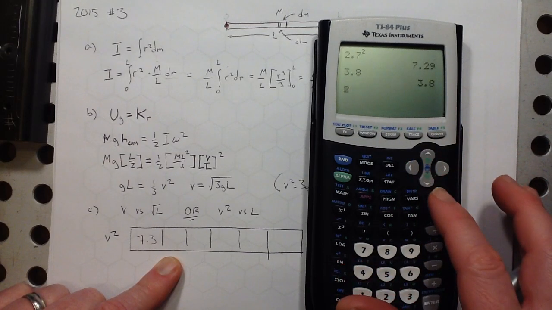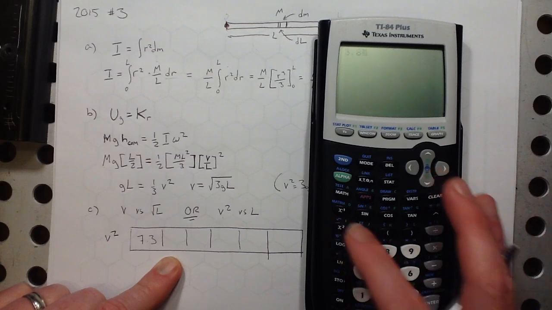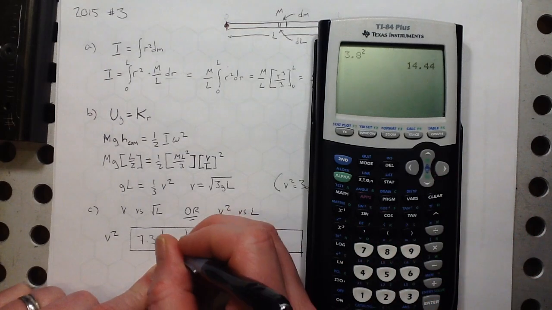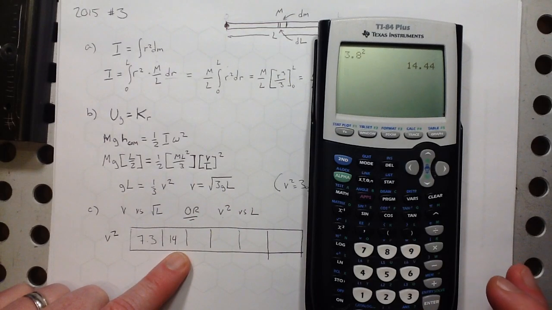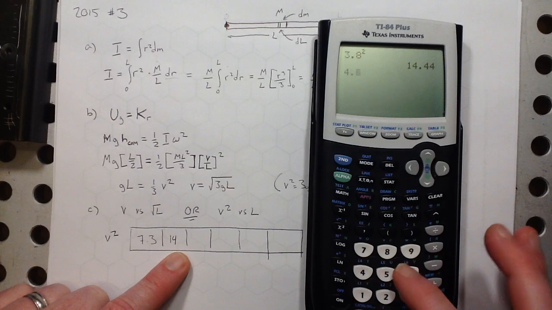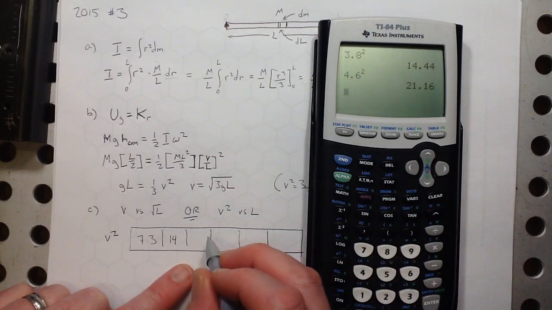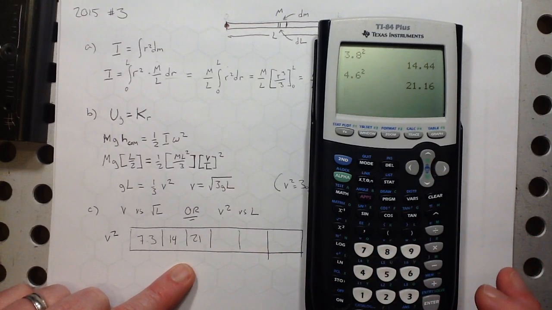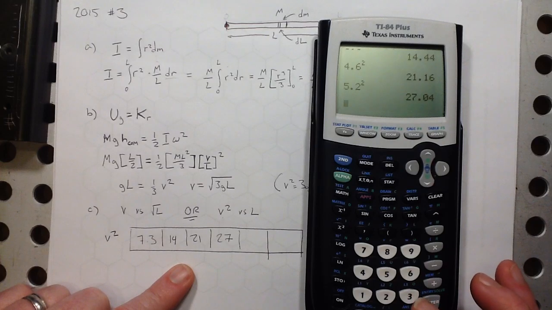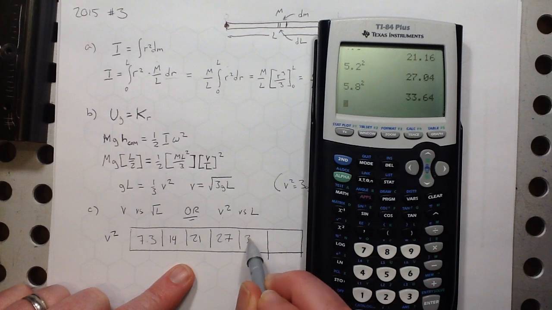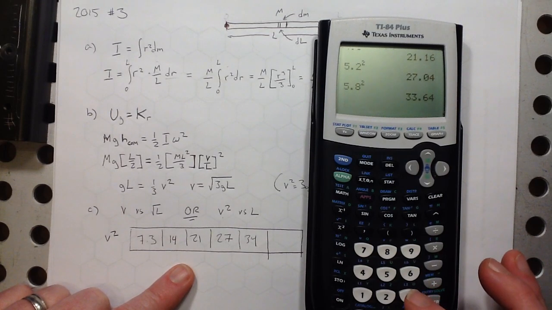Go figure. 3.8, that's 14, and 4.6, and 5.2, and 5.8, and 6.3.